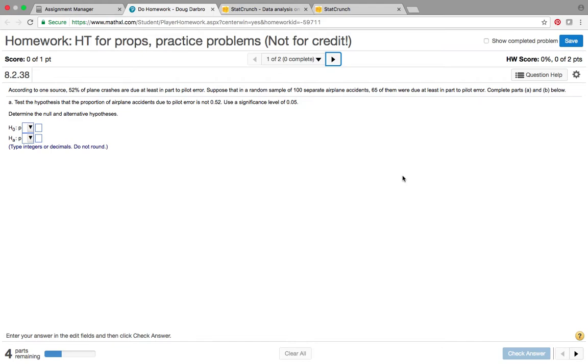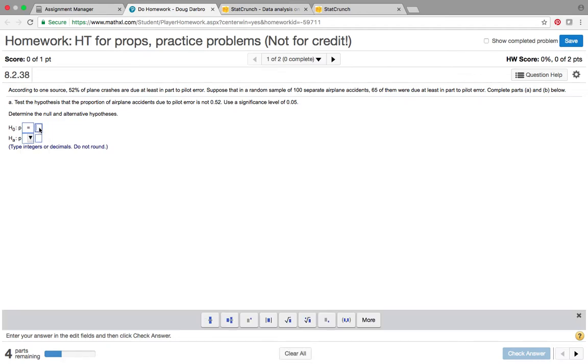All right, so the first problem said, according to one source, 52% of plane crashes are due at least in part to pilot error. In a random sample of 100 separate incidents, 65 were due at least in part to pilot error, complete A and B. So we want to test that the proportion of airplane crashes is not 0.52, so we're going to have P equal to 0.52.